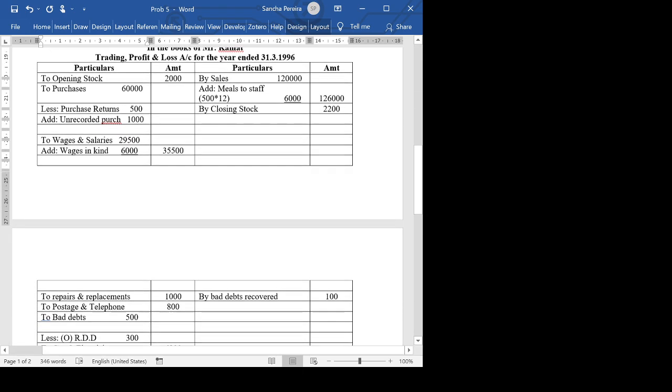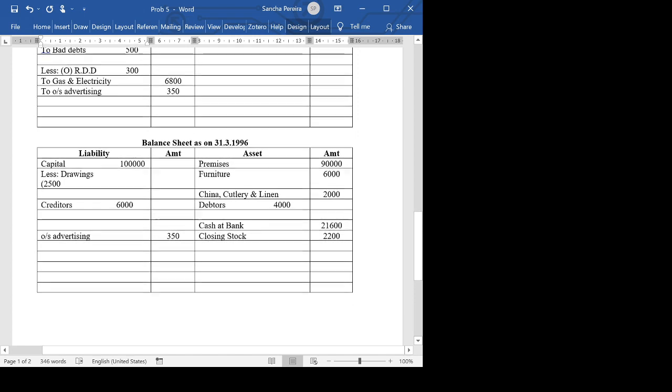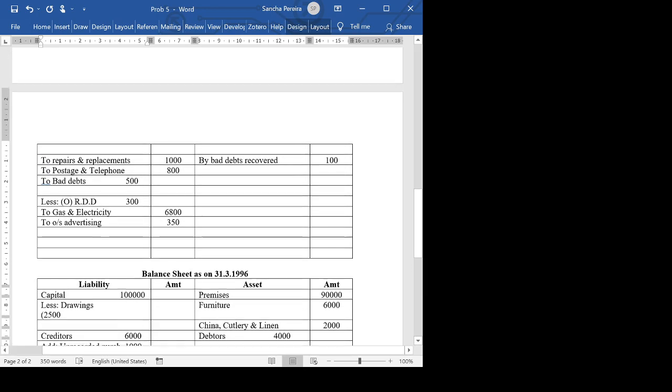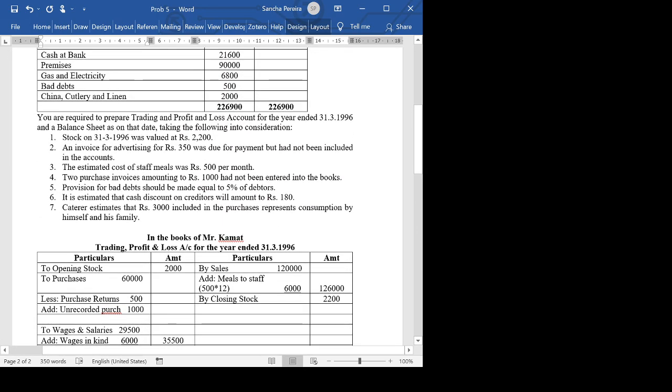Okay, and the same thing has to be added to the creditors. Add unrecorded purchases. I can't total it yet because there's some provision for discount received.